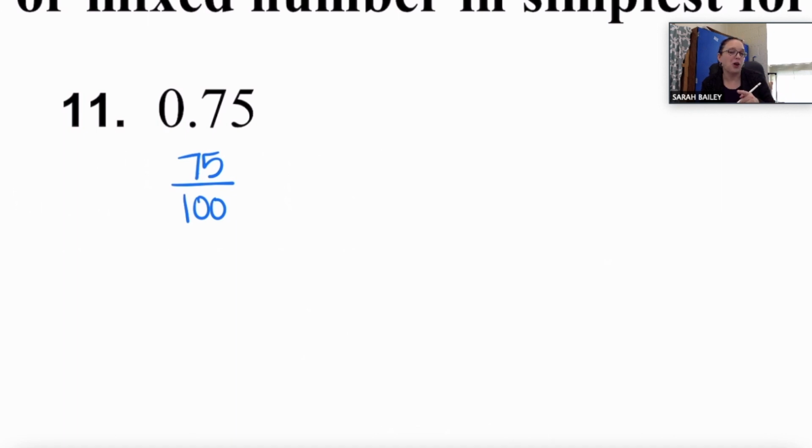But I also know that 75 and 100 are divisible by 25 if you think in terms of money. If you had 75 cents, that's 3 quarters. So 75 divided by 25 is 3, and 100 divided by 25 is 4. Some of you may have known that 75 hundredths was equivalent to 3/4 just from prior experiences. So that's going to be equivalent to 3/4.